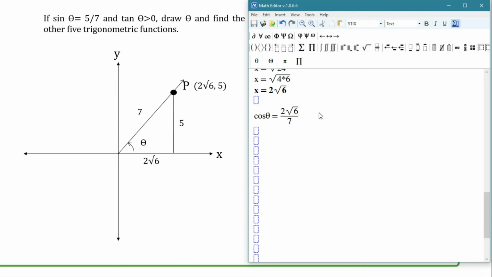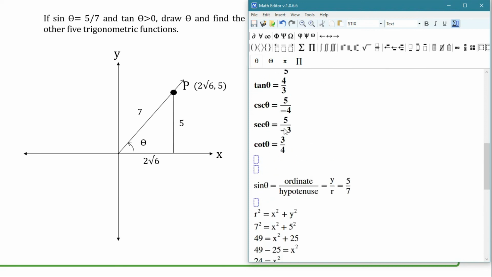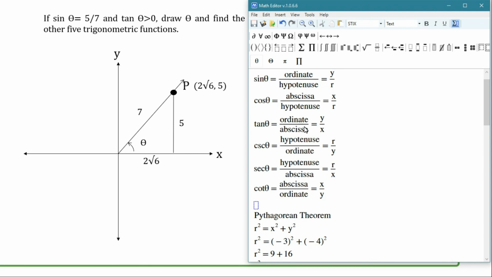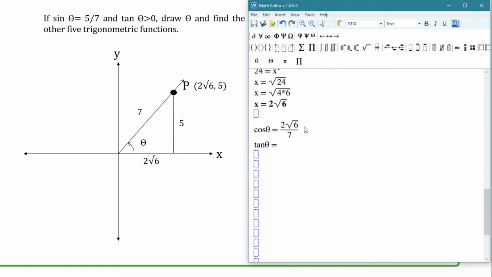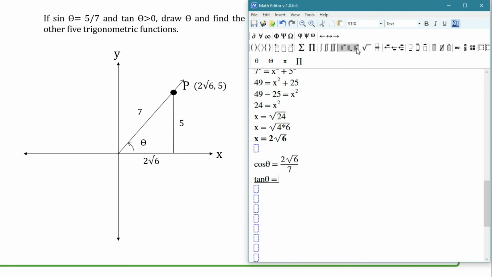Next, we have the tangent theta. Tangent theta is ordinate over abscissa. So our ordinate is 5 over our abscissa, which is 2 square root of 6. But as I said, when you have radicals on the denominator, you can rationalize it by multiplying with the conjugate.